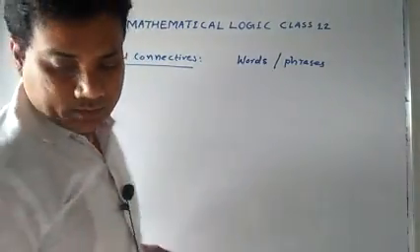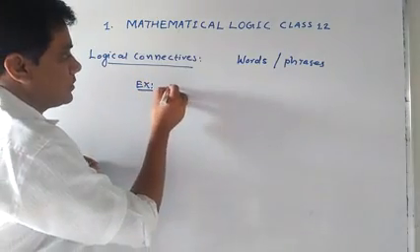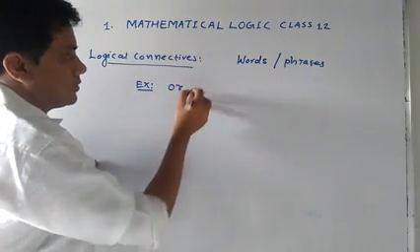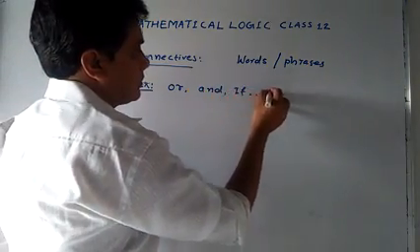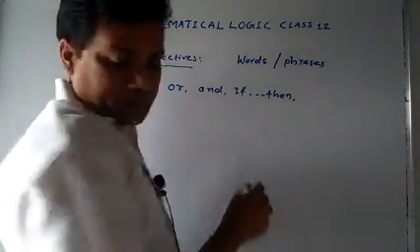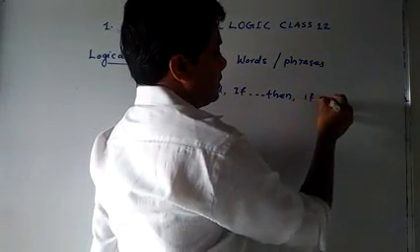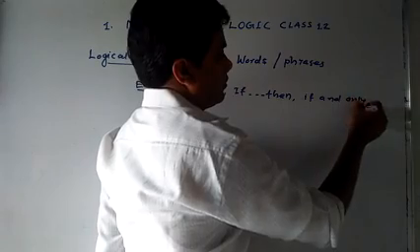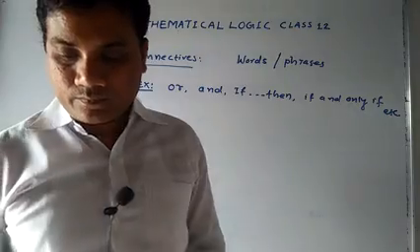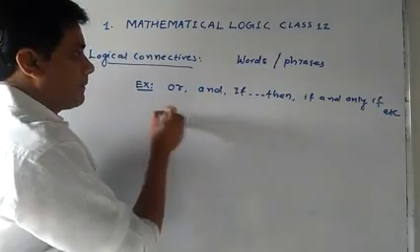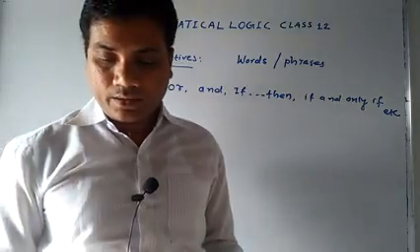For example, logical connectives के एग्जांपल हैं: और, and, if then, if and only if, etc. These are the examples of logical connectives.